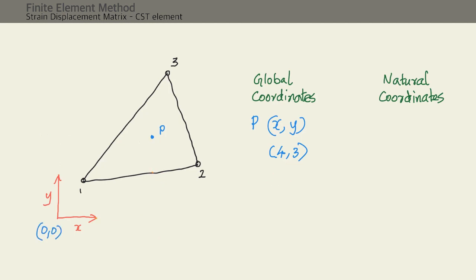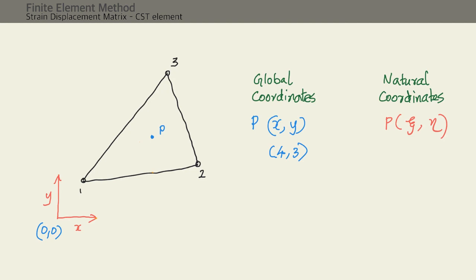And we also know that the x and y values are 0 at the origin. Here is the origin. In the natural coordinate system, we mark the same point P using psi and eta. I'll quickly mark the values of psi and eta at this point P to illustrate how natural coordinates work.